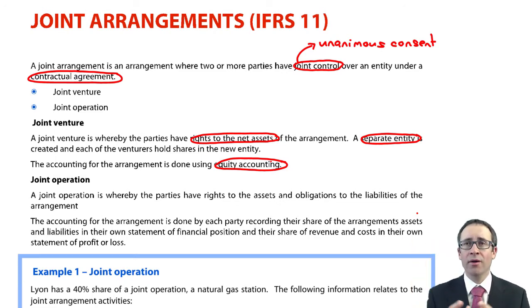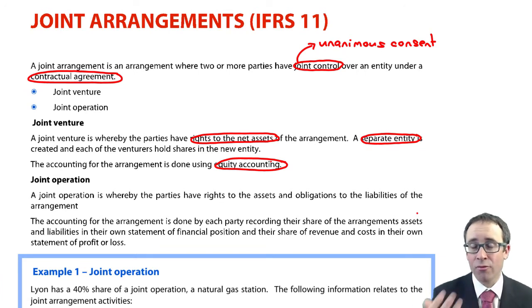They might set up a contractual arrangement that says, look, I own this asset, you own that asset. We will share the assets, and whatever revenues and costs are incurred, we will share those revenues and those costs in relation to our percentage holdings. So there's no separate legal entity that is set up.